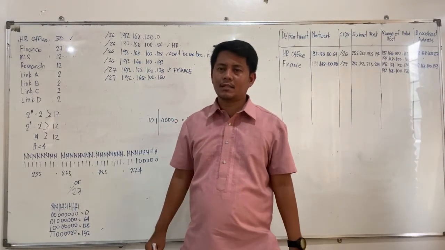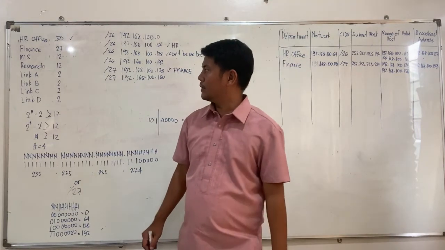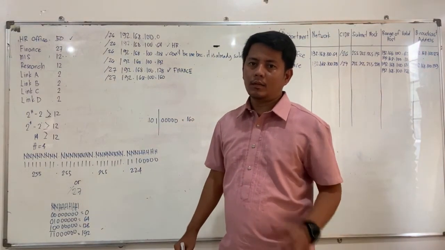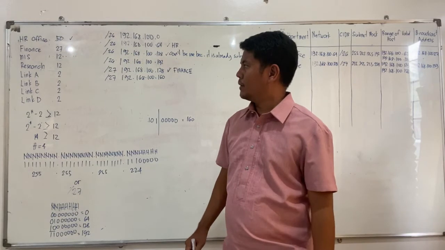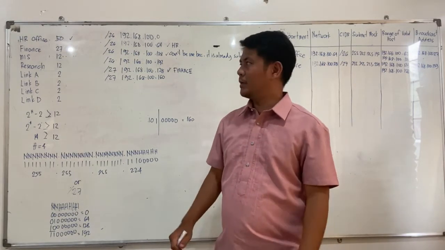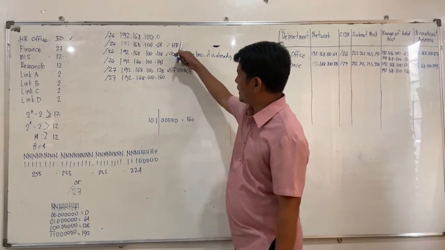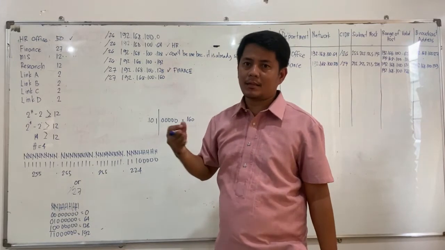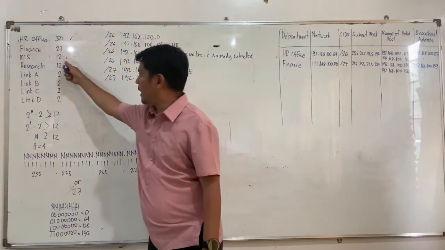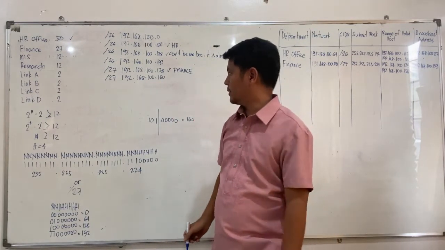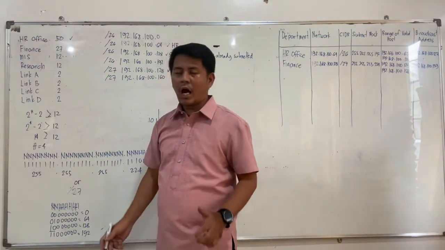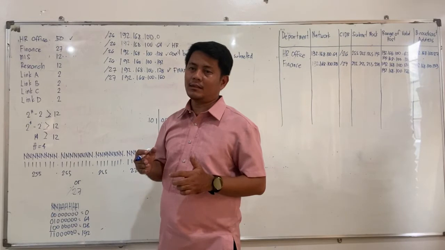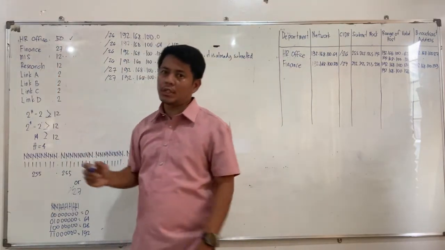Next, we need to define the next department, which is the MIS. So this department needed 12 computers or 12 hosts. Okay, so we need to define a subnet for this department. Okay, so how many number of host bits are we going to define to satisfy this number, which is 12?